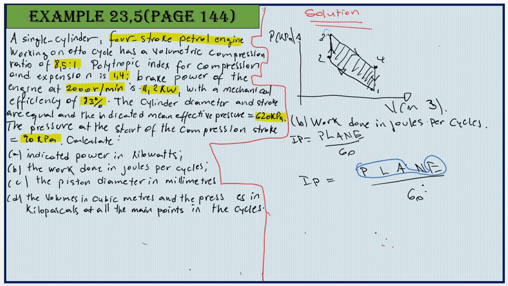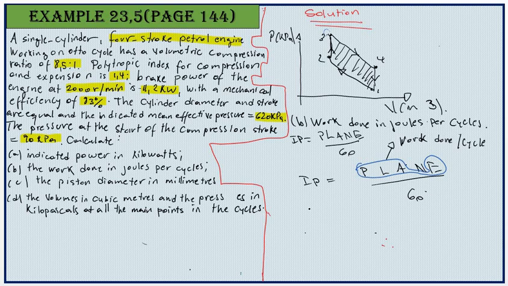Where did that time come from? The time came from the rotational speed, because it is expressed in revolutions per minute or per second. So if we multiply the work done with N, we get the power. So all this represents the work done per cycle.